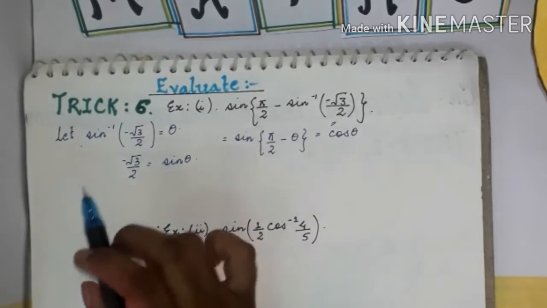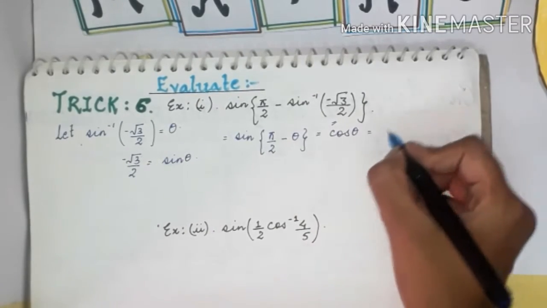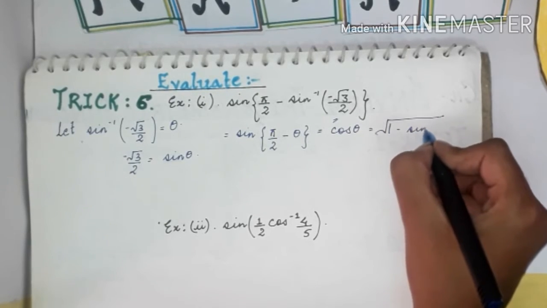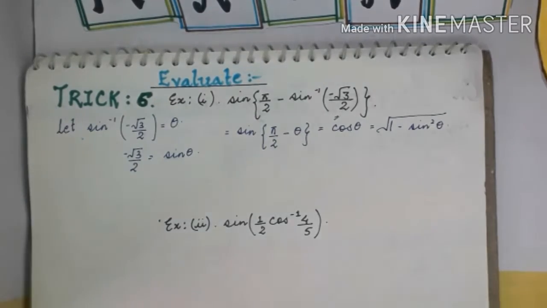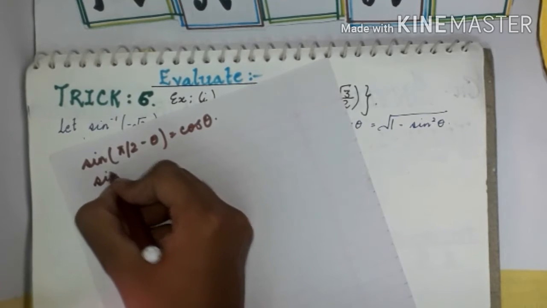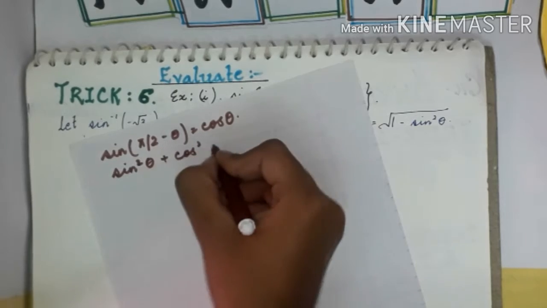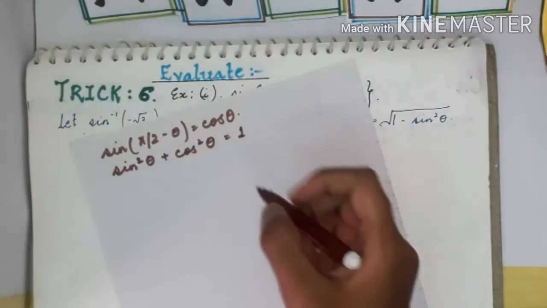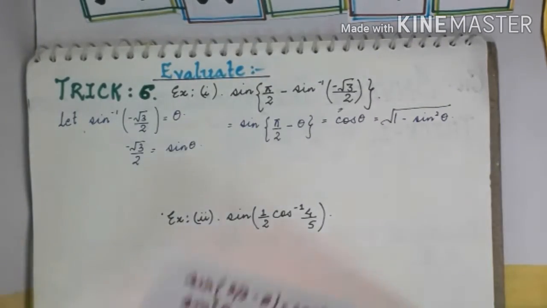The value of sine theta is given and you have to find cos theta. So cos theta is equal to under root 1 minus sine square theta. This is again from an identity studied in class 10th. It's sine square theta plus cos square theta is equal to 1. So cos theta is equal to under root 1 minus sine square theta.